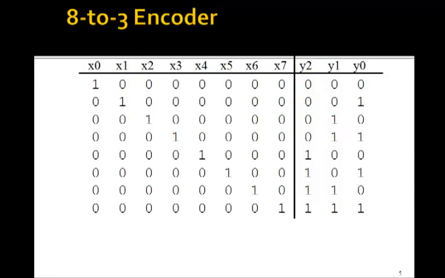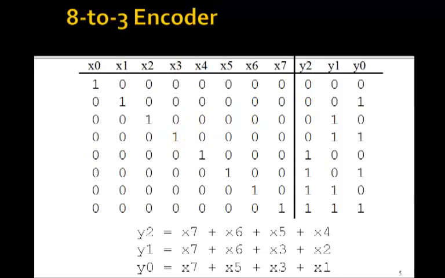So the logic equation, for example, for y2 would be either x7 or x6 or x5 or x4. y1, looking at these ones, it's either x7 or x6 or x3 or x2, and y0 is either x7 or x5 or x3 or x1.